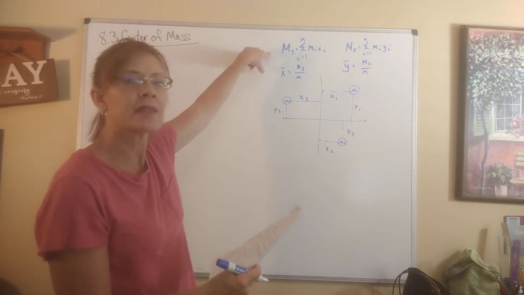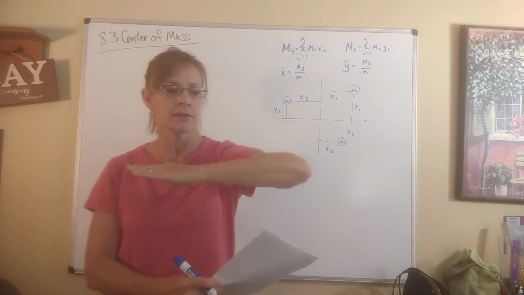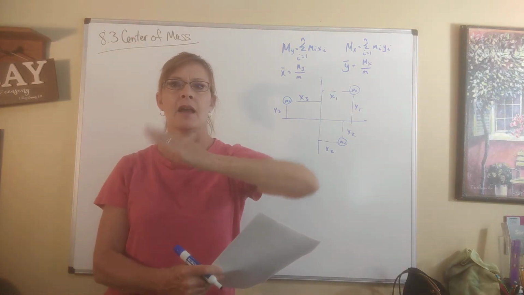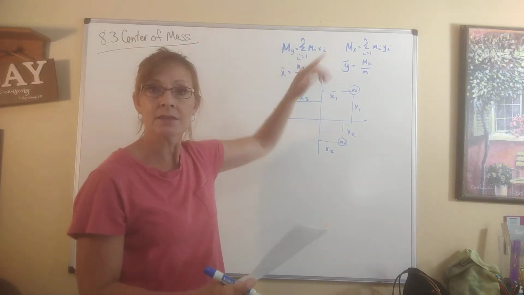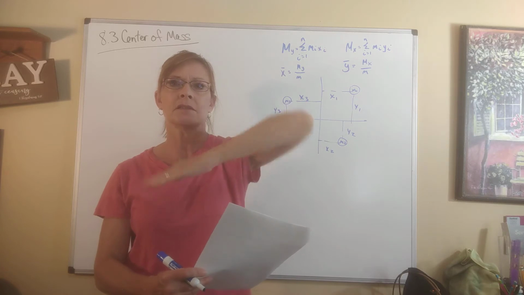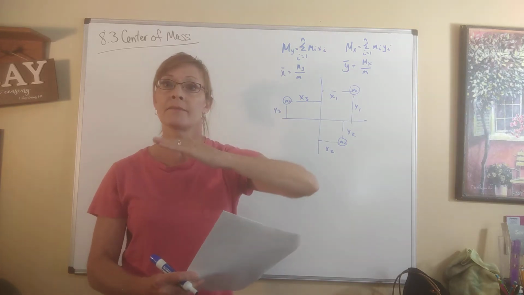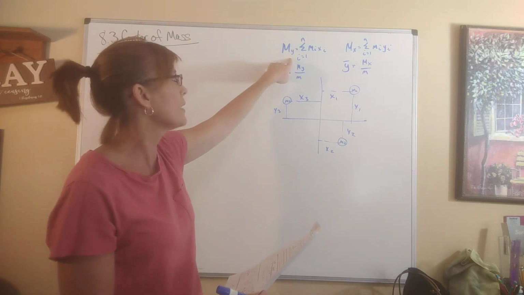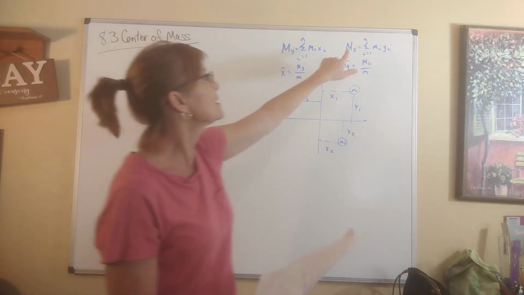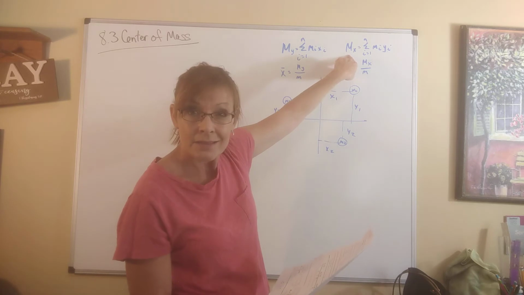And so if you look, that's what we just calculated a minute ago when we looked at the x-axis. See how we're adding up the x distances? That was the tendency to make this guy tilt or rotate about the y. That's why it's with that little y, the tendency to rotate about the y, or the moment about y.